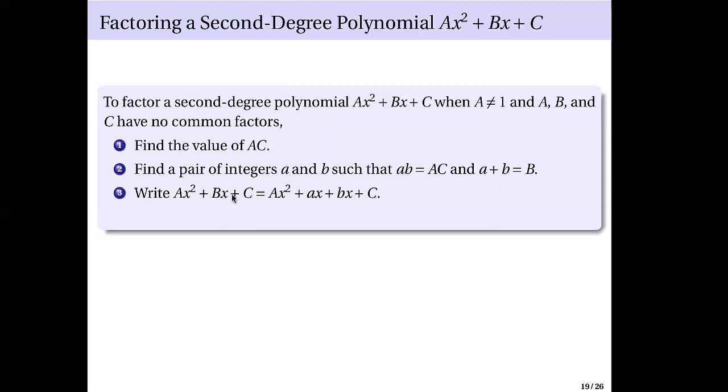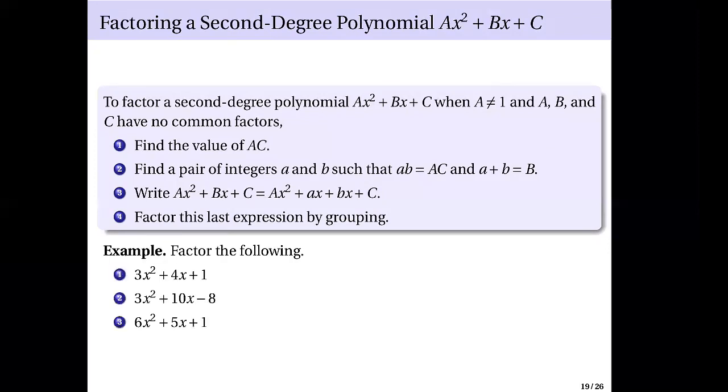Since you were able to write small a plus small b equals capital B, you will decompose the middle. So capital Bx, you will now write as ax plus bx. Then factor the expression by grouping. You can group this and then group this, and you will be able to find the answer.